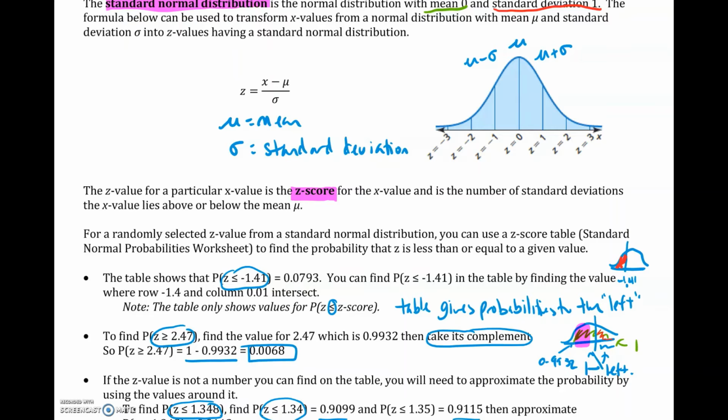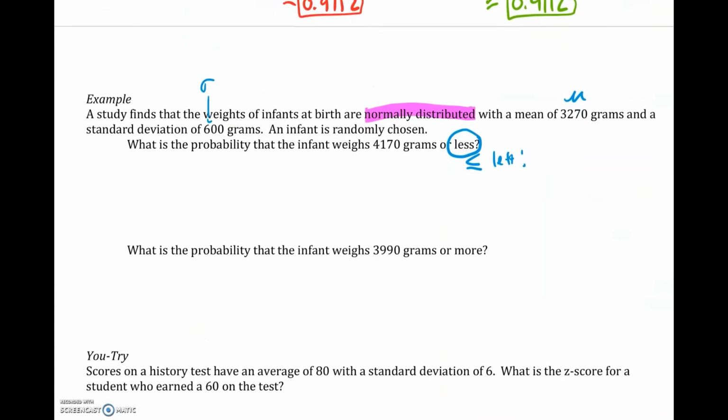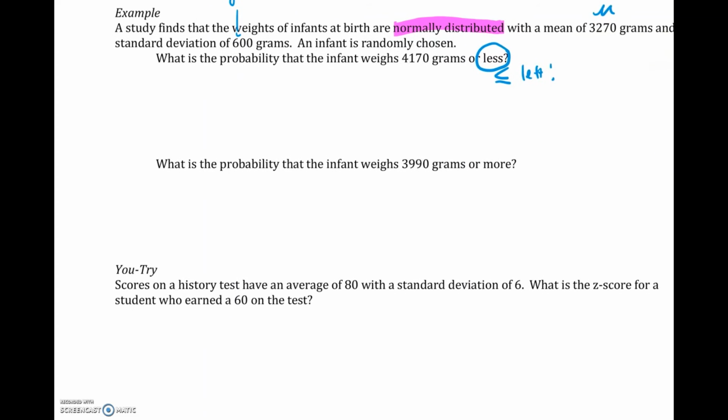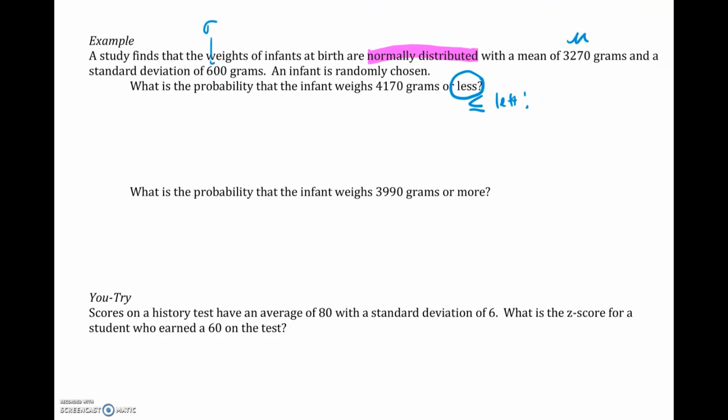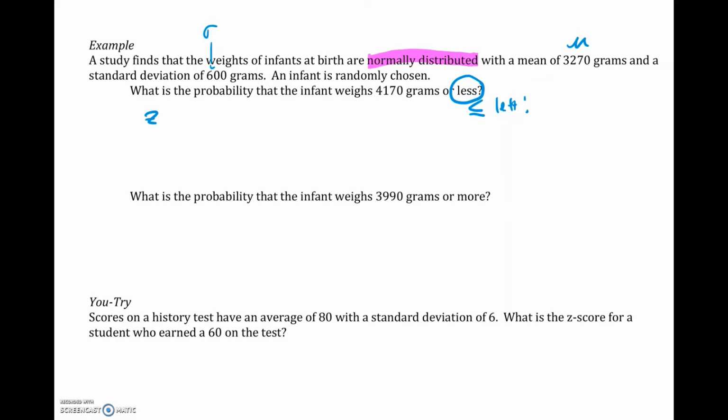So we're going to use that formula, z equals x minus mu over sigma, which is just saying our z value, right, is x minus the mean over the standard deviation. So we're going to take our x value right here, which is 4,170, minus the mean divided by 600.